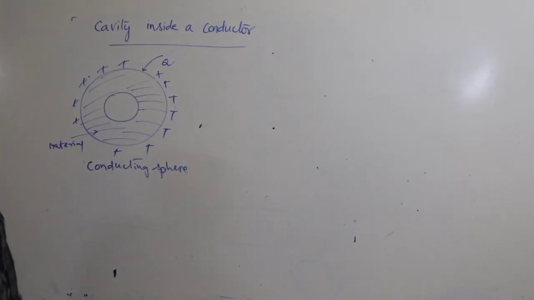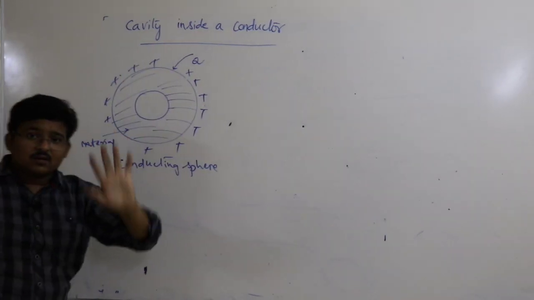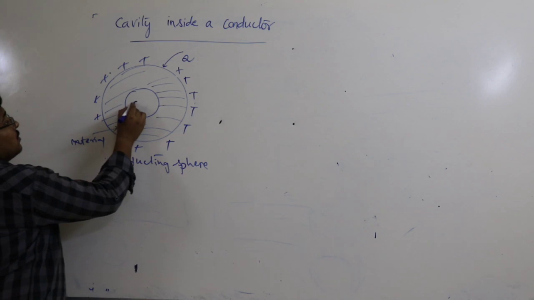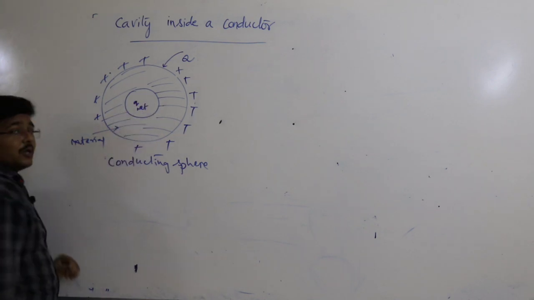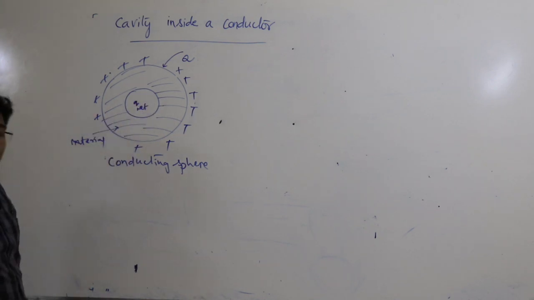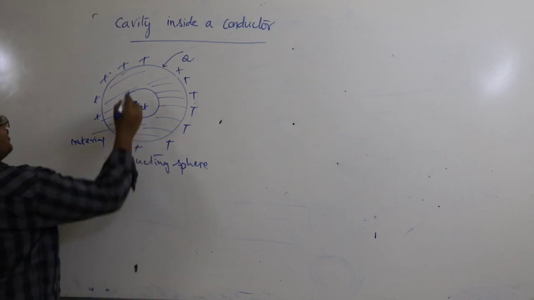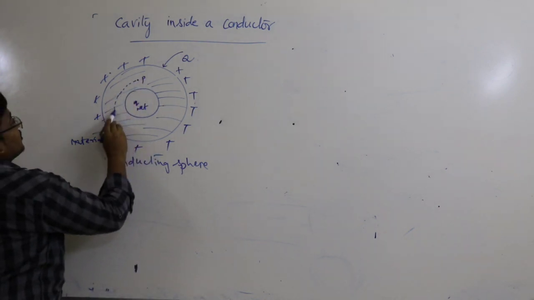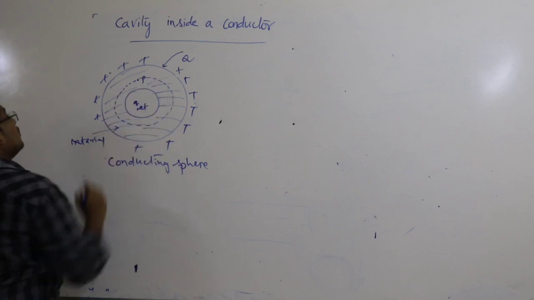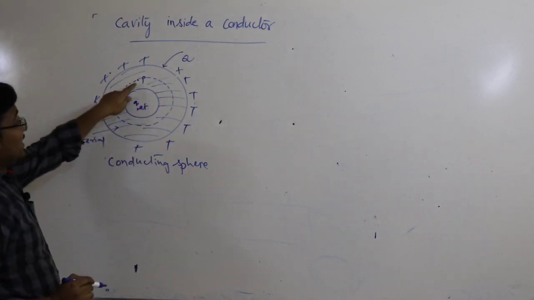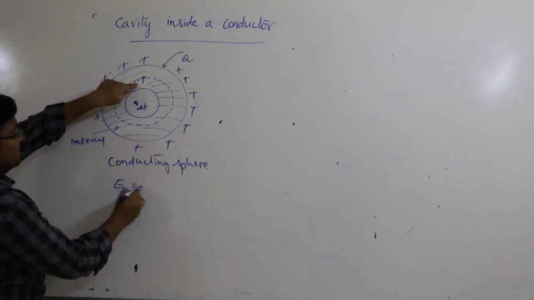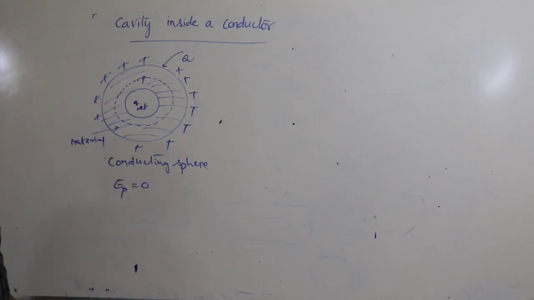So got clear? If you are giving from outside, no charge will be inside. Sir, how? For example, I am taking a point P here and I am forming a Gaussian surface. Now as the point P is inside the metal, what is the electric field at point P? It is 0.